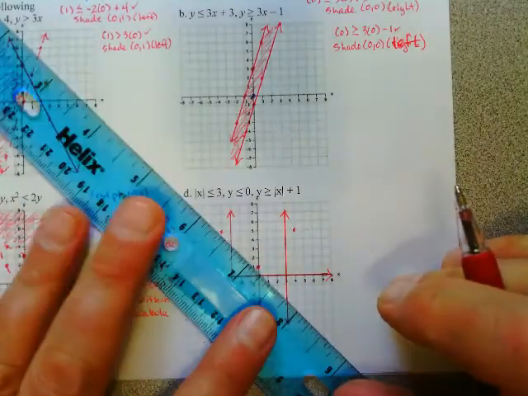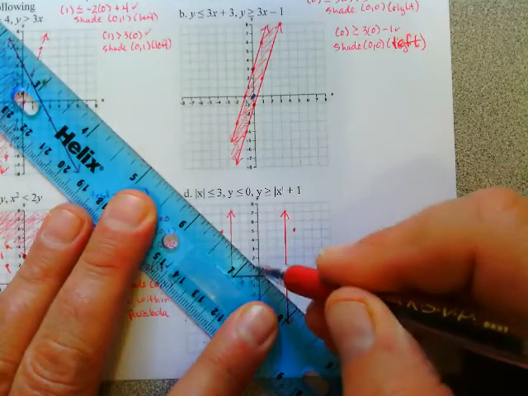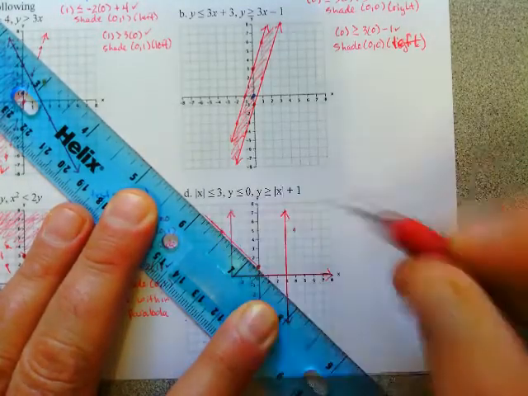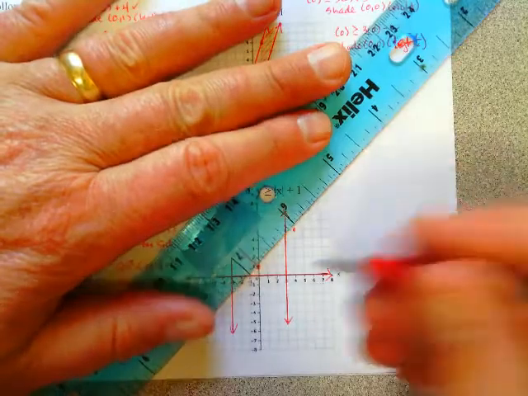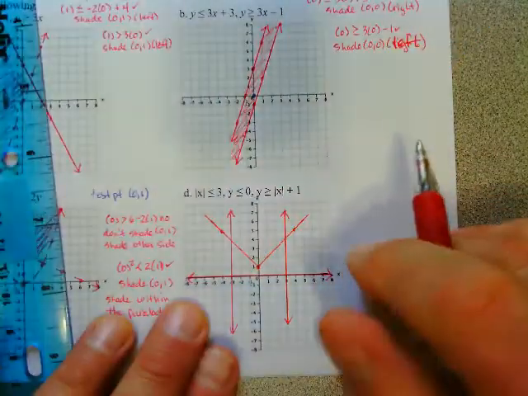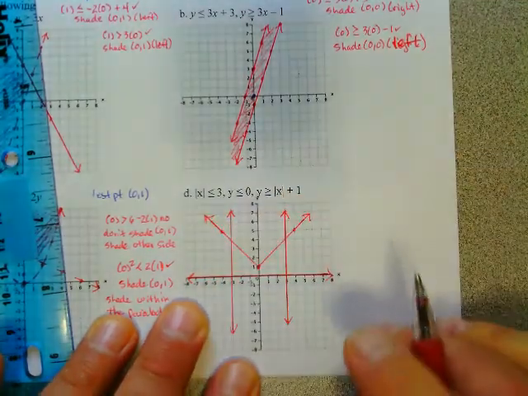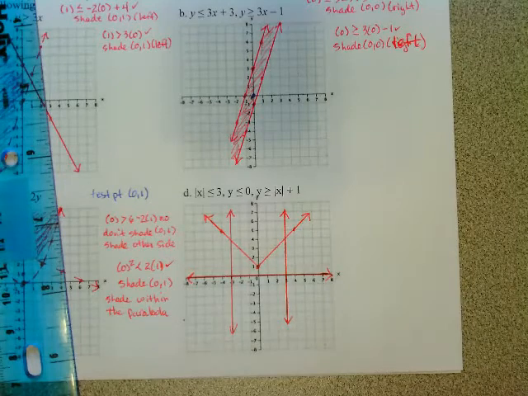So that's what that one's going to look like, and they all are solid lines because they all have a line underneath them. So the last one is going to go in that direction. So there are all our lines.